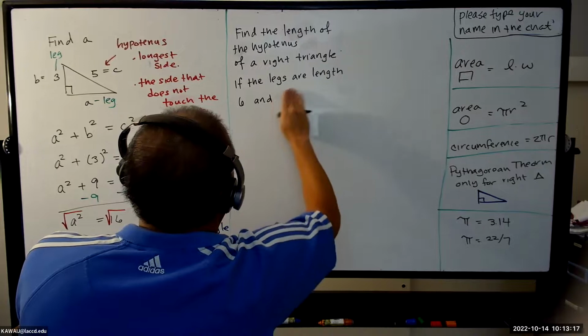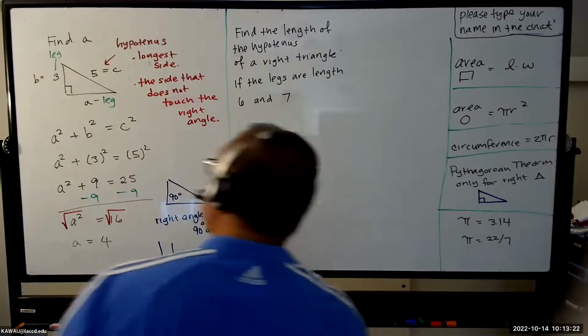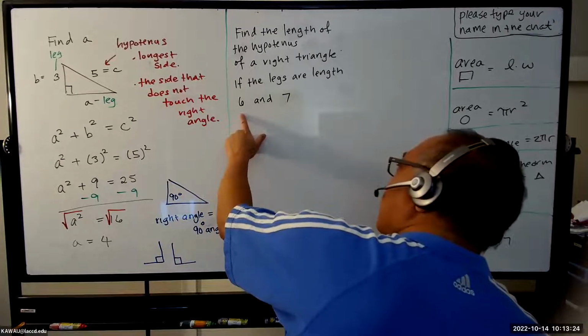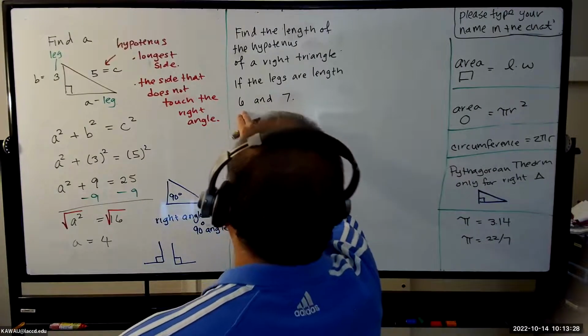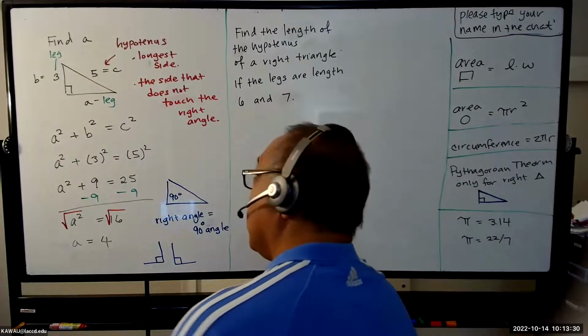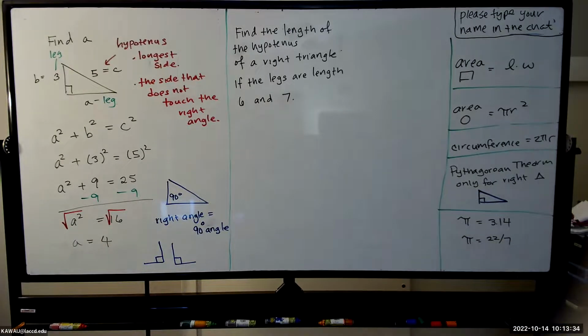Well, let's make it 6 and 7. Okay. So try doing that. So this can be A or this can be A. It doesn't matter which one is A, as long as one of these is A and one of these is B. But you just have to be careful about the hypotenuse, because the hypotenuse is always C.